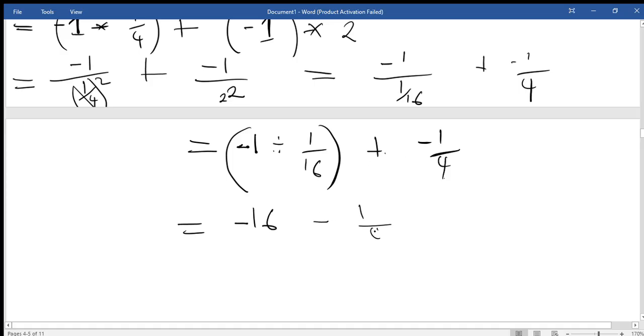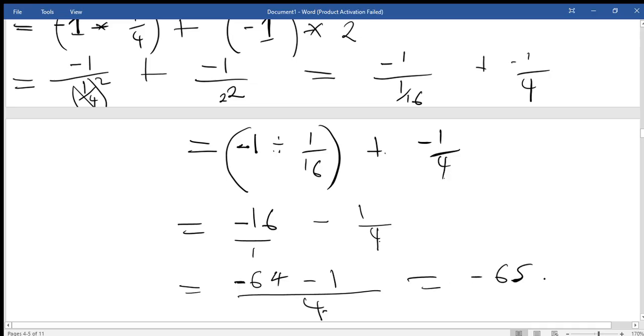So when we say this is over 1, the lowest common denominator is 4. 4 into 4 is 4 times 16. I think that should be 60. Is it 64? Negative 64. 4 into 4, 1 times that, that's negative 1. So the answer becomes negative 65 over 4 as the final solution evaluated.